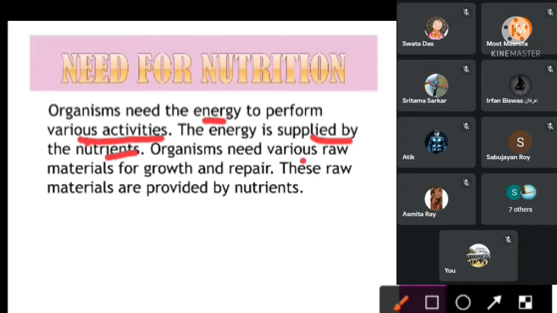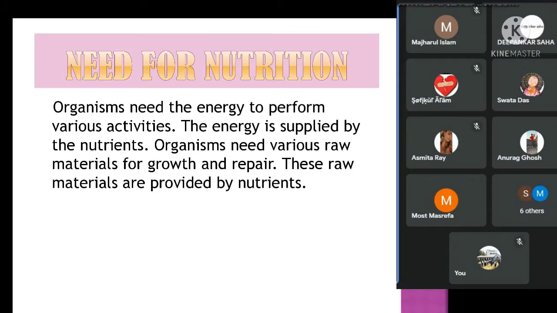Organisms also need different types of raw materials for growth and repair. These raw materials are provided by the nutrients.